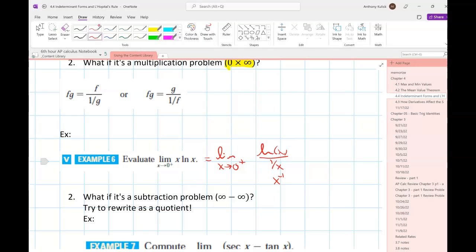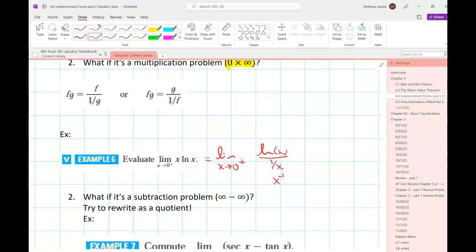Note that we checked here, 0 times infinity is L'Hopital, right? The natural log of 0 is undefined. We have the asymptote. It's going down to negative infinity there. So it's 0 times negative infinity technically, but who cares whether it's positive infinity or negative infinity? So it is indeterminate. We do this.